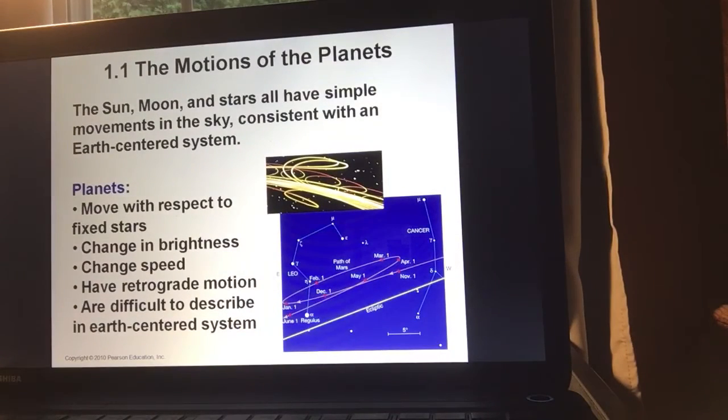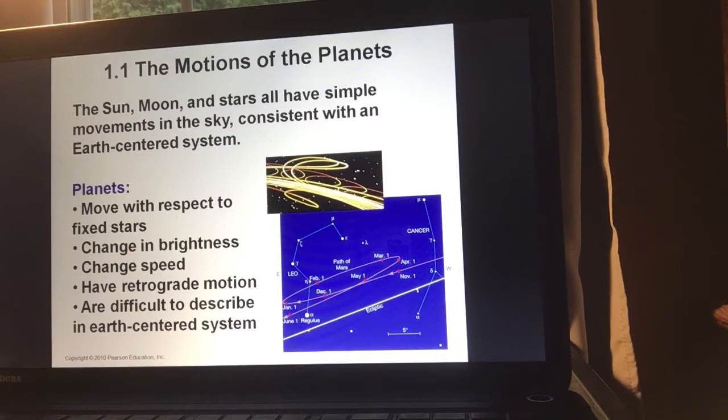So the first thing we are going to mention is motions of the planets. Okay. In ancient times, people believed that Earth was the center of the universe because the sun, moon, and stars all have very simple movements in the sky, which is consistent with an Earth-centered system.